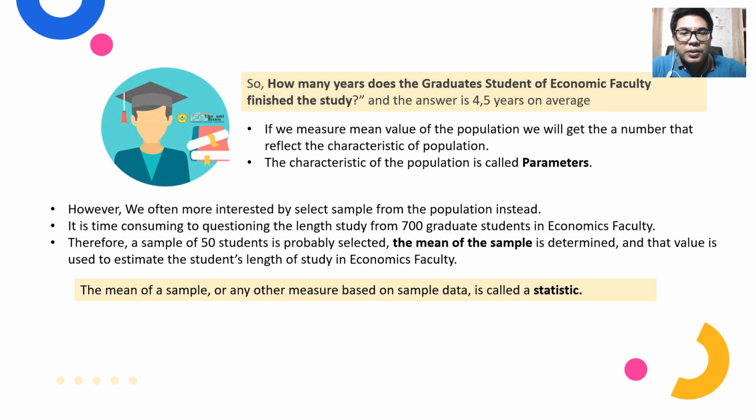Okay, so did you see the difference? When the value of the population is measured by all of the population data, it is called a parameter. But when the value is measured by sample data, it is called a statistic. We are more interested in statistic than in parameter.